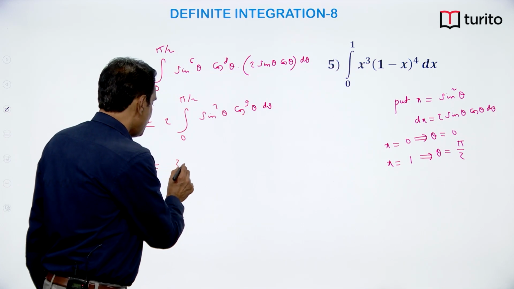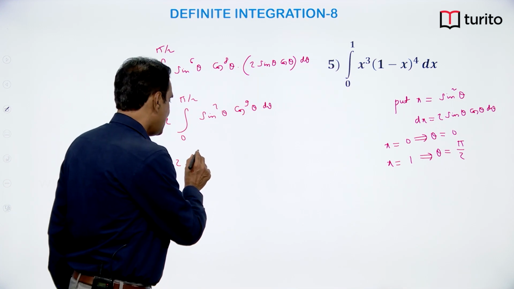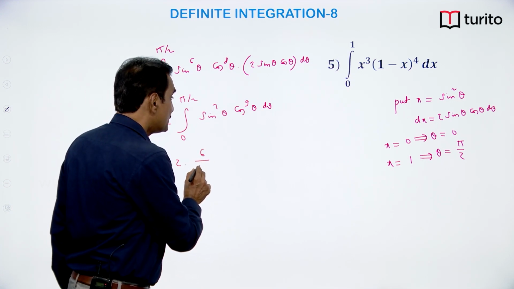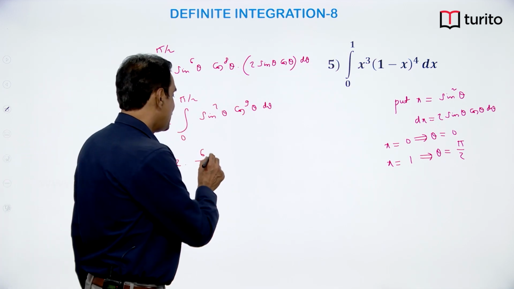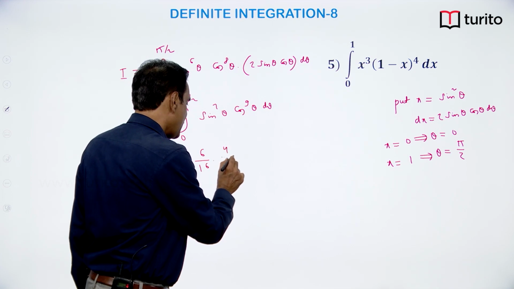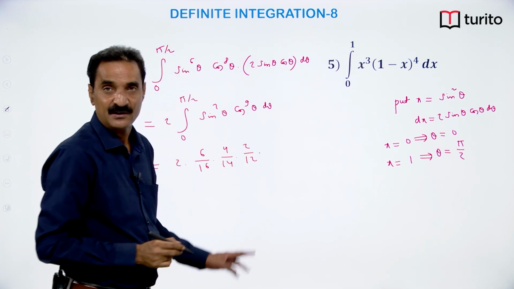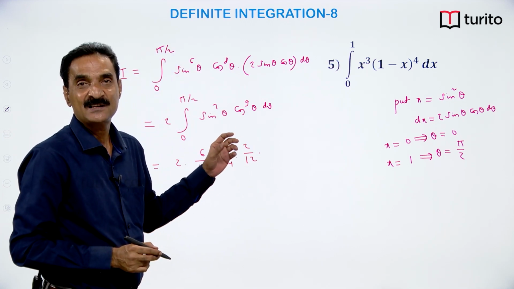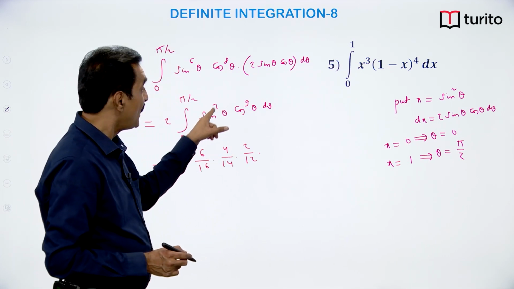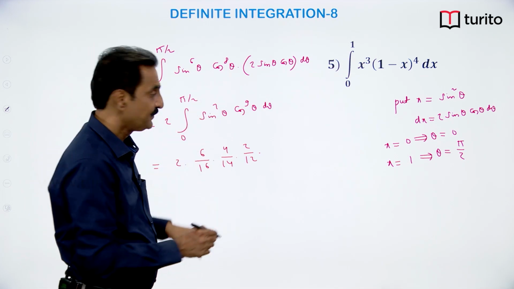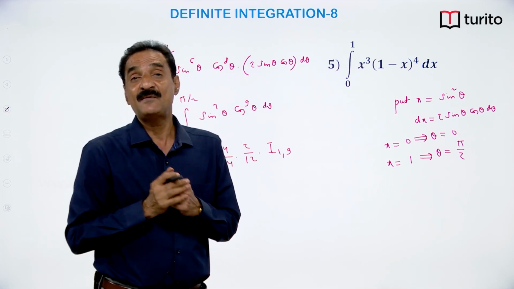So it is 2 into, what is the formula? M minus 1 by m plus n is 6 by 16, into, subtracting 2, 4 by 14 into 2 by 12. That is all. You cannot subtract 2 further because the numerator becomes 0 if you subtract 2. Then you will get I 1 comma 9 because 7 is odd. What is the value of I 1 comma n?